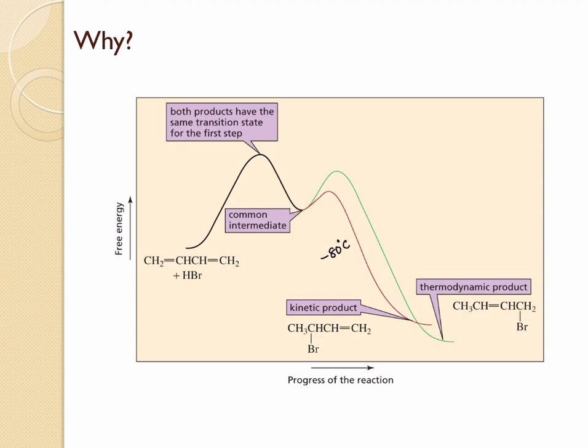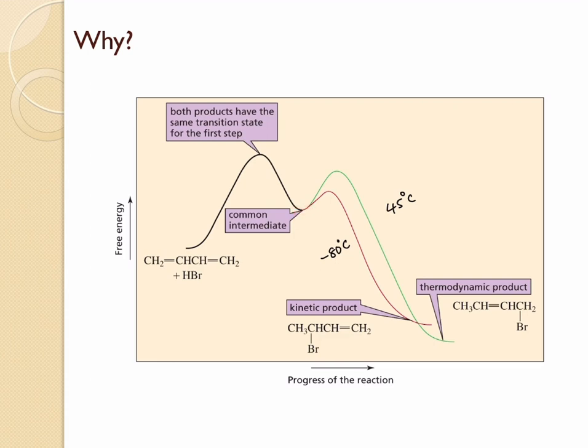Now, let's say you conduct the reaction at a relatively high temperature of 45 degrees Celsius. Here, there is enough energy for the products to revert back to the intermediate. Compared to the 1,4 addition product, it is easier for the 1,2 addition product to revert back to the intermediate, since the energy difference here is small. Once it forms the intermediate, it can decide whether to form the kinetic product or the thermodynamic product.